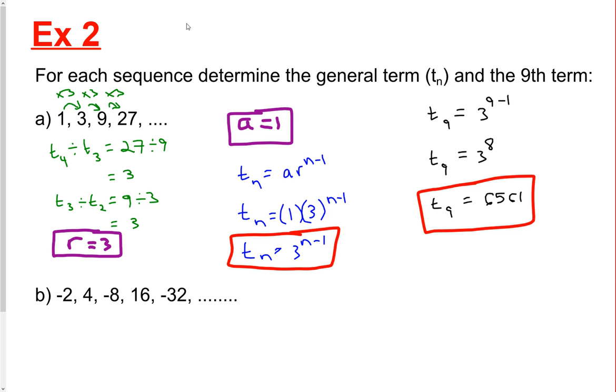So what could cause something like this to alternate negatives and positives? Well, remember when I multiply a positive by a negative, the answer is negative. If I multiply a negative by a negative, the result is positive. So it turns out I've got a common ratio here that's negative.